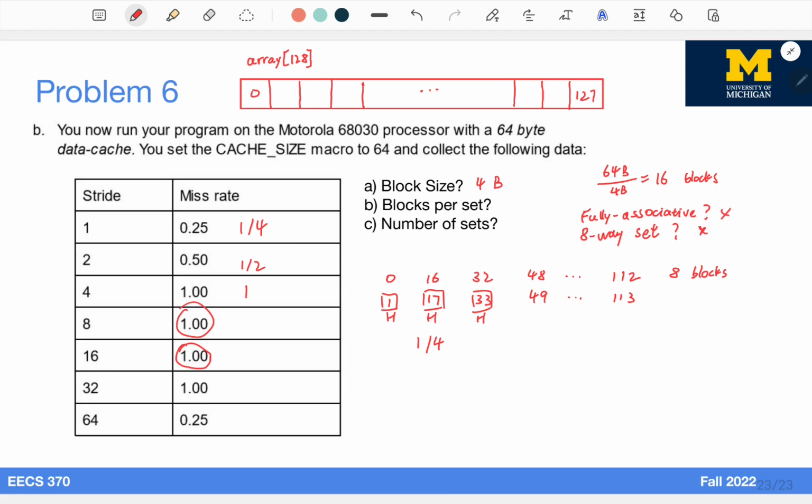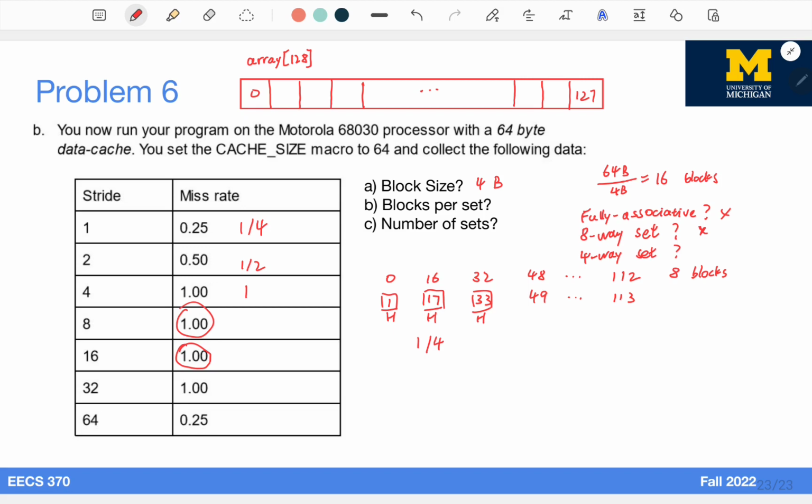So what we can do is further divide the cache into 4 sets, or a 4-way set associative cache, so that every set only has 4 blocks. And if we do some address decoding, we will see that 0, 16, 32, 48, and so on, until 112, all go to set 0 of this cache.